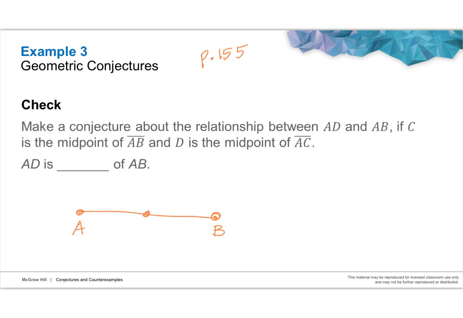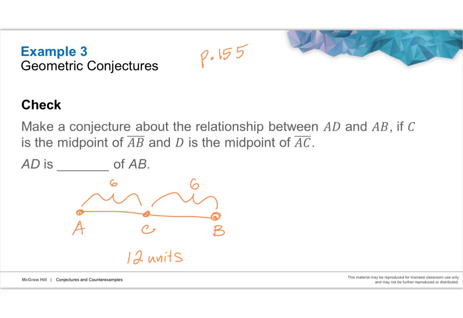So C is the middle there, and we'll go with 12 units long. That way we know that this is 6 units and 6 units again, just giving it a value and letting it follow that, C being the midpoint.